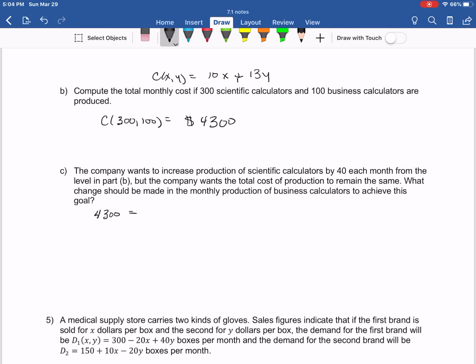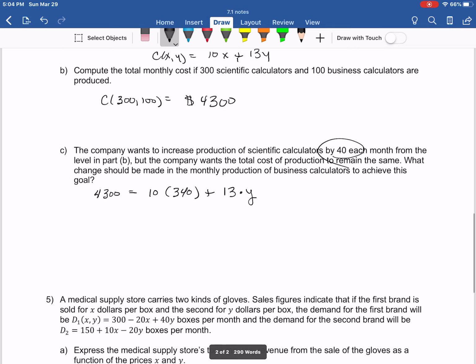Now you are increasing the scientific calculator production level by 40, an extra 40 each month. So previously, what were you making? In Part B, it said you made 300. You want that to go up to 340, right? The cost per business calculator is the same, but we want to figure out what our production level needs to be for that to happen. That's the Y variable.